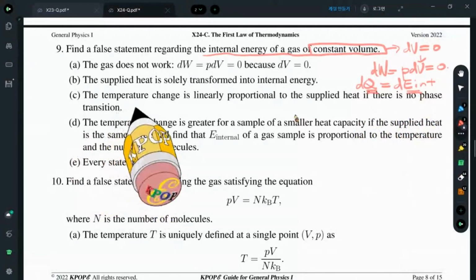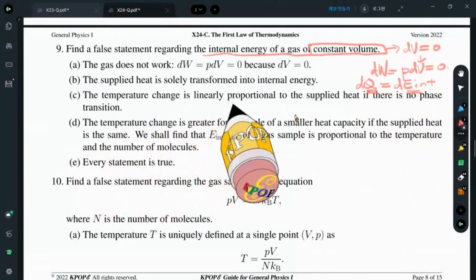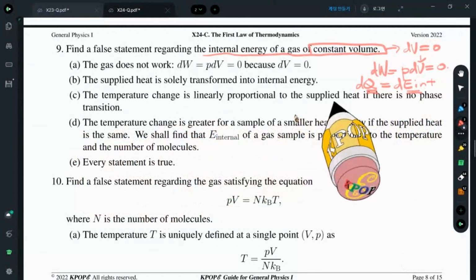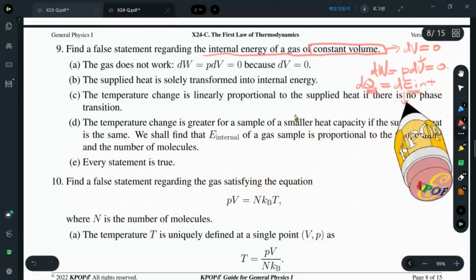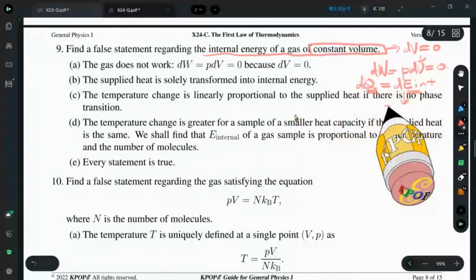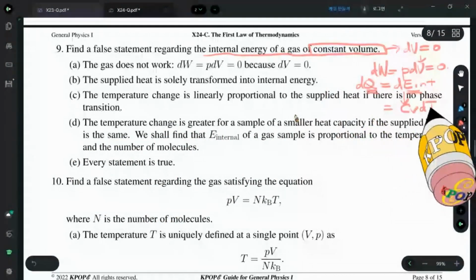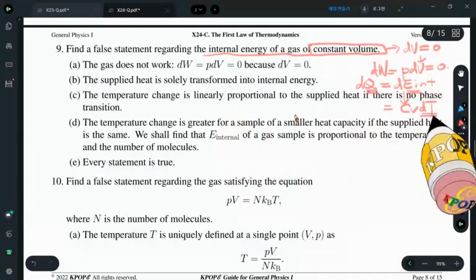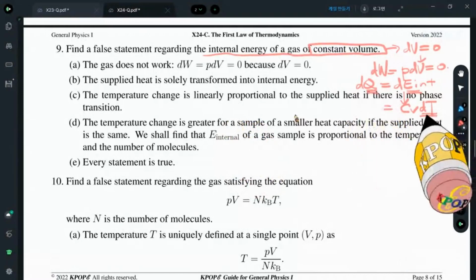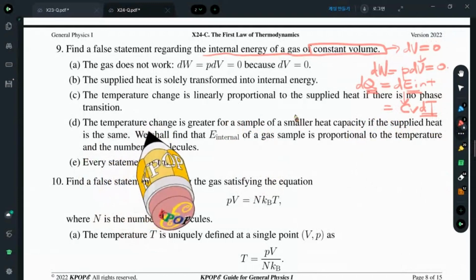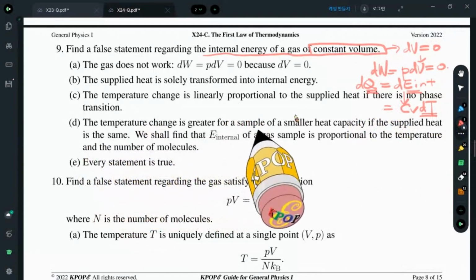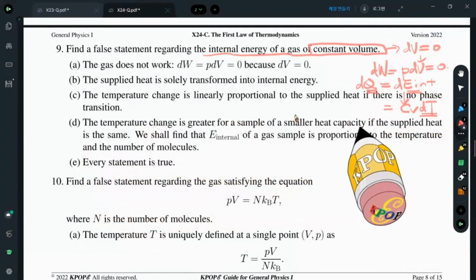Correct. The temperature change is linearly proportional to the supplied heat because it is a constant volume. It is always expressed as CV dT. The energy is linearly proportional to the temperature change, right? The temperature change is greater for a sample of smaller heat capacity.